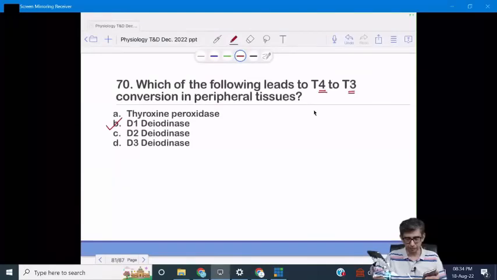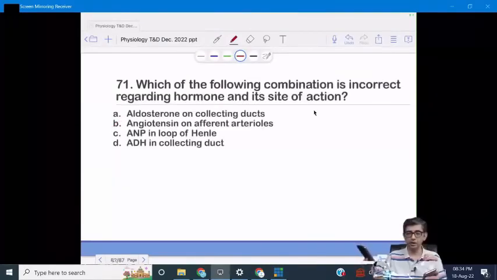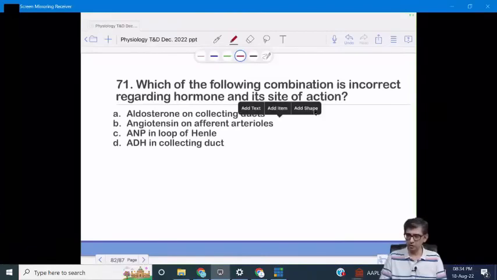Number 71 says which of the following combinations is incorrect regarding hormone and its site of action? Aldosterone on the collecting ducts. Okay, fine. Aldosterone will act on distal tubule and collecting duct both. Angiotensin acts on afferent arteriole. Okay, looks like a decent statement.